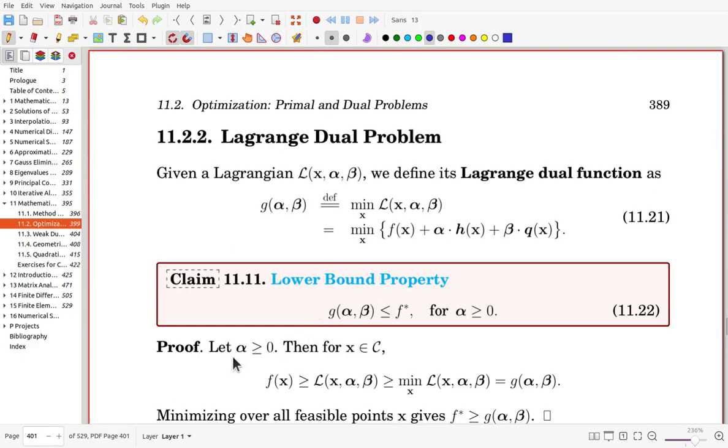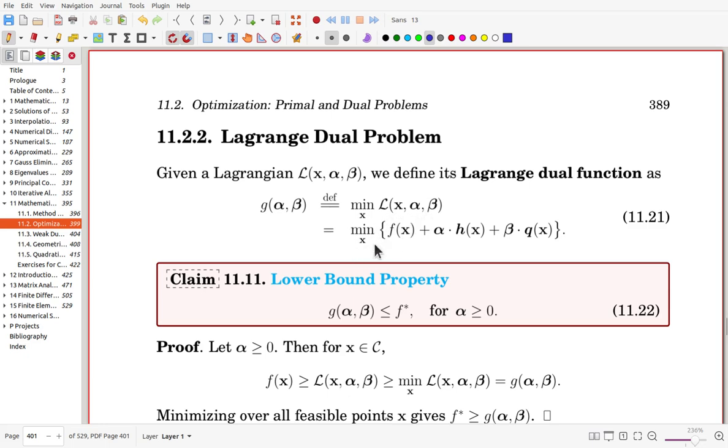Now we'll go to the dual formulation. Okay, start with the dual function. We define g of alpha beta as the minimum of the Lagrangian.